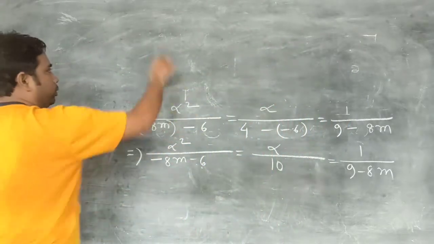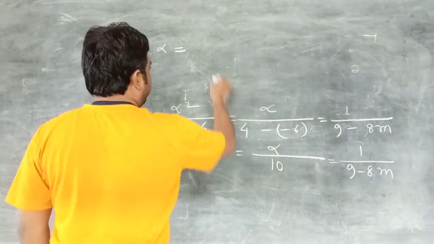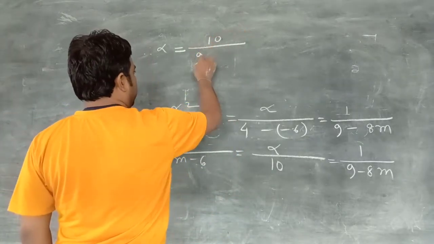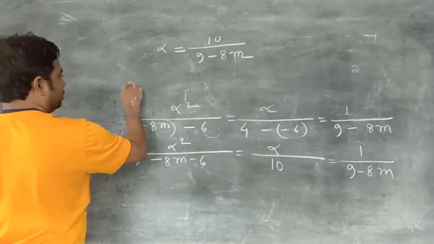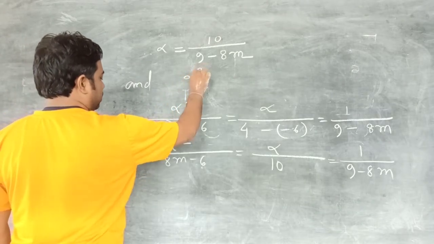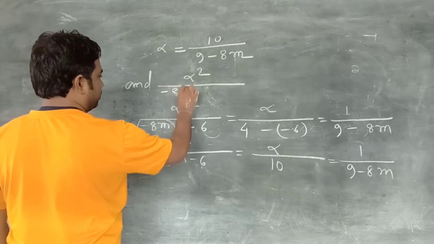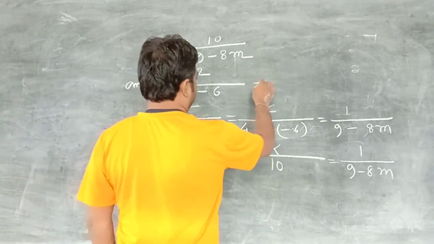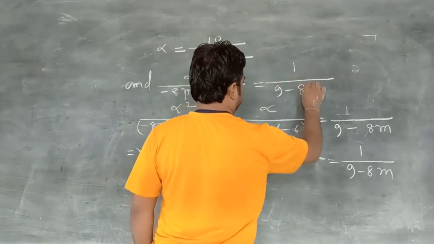This is alpha equal to 10 by 9 minus 8m, and alpha square by minus 8m minus 6 equal to 1 by 9 minus 8m.